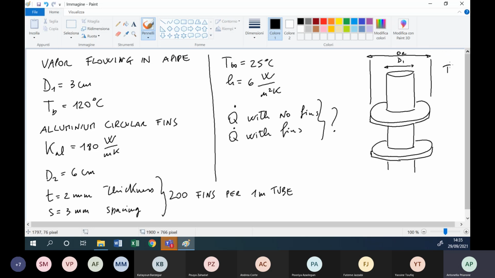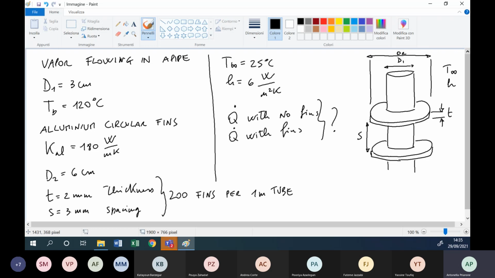Then I have T infinity, h. Then I have t, that is the thickness of my fin, and the spacing, sorry, no, the spacing is without the thickness. The spacing is just to this point.